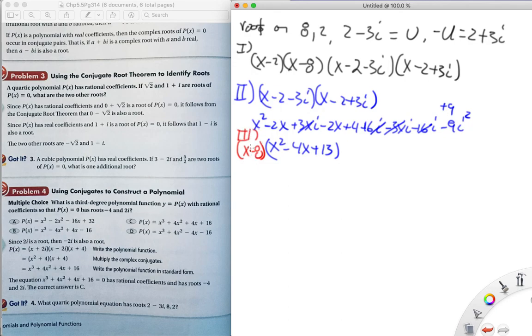And that gives me x cubed minus 4x squared plus 13x minus 8x squared plus 32x minus 104.